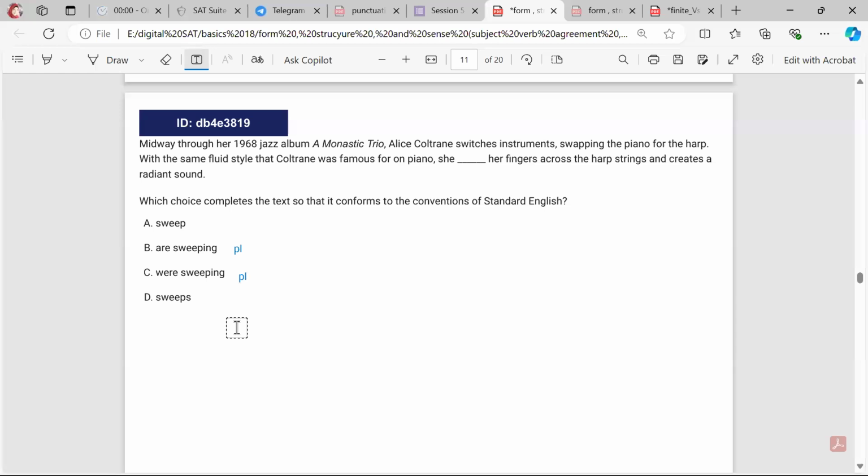Is sweep plural or singular? Plural, so I say they sweep, right? But he sweeps, or it sweeps. So sweeps is singular, right. So what is likely to be the right answer now? D, yes, because it's 3-1, right?